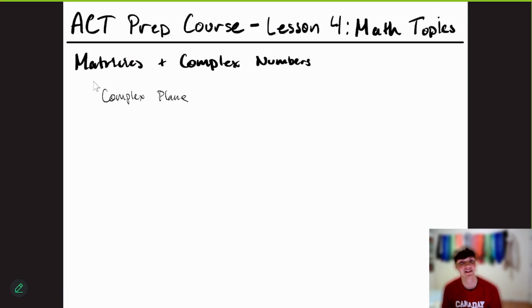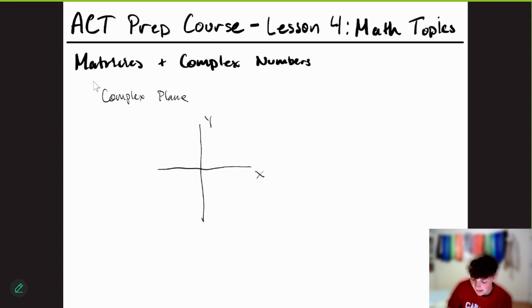The complex plane is just a fancy way of saying a coordinate plane with real and imaginary parts. On a normal coordinate plane, you have x and y, like on a graph like this. But in a complex plane, we put the real part here and an imaginary part up here.